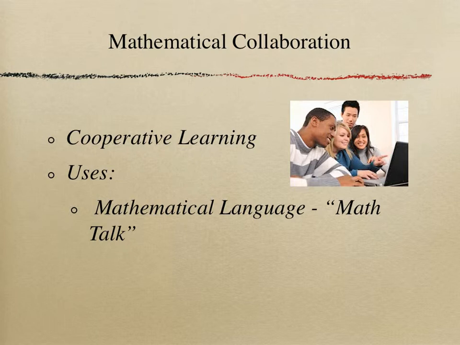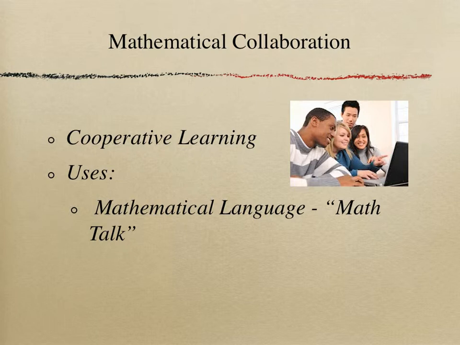In my classroom, we called it math talk, and I had a big chart paper on the board, and every time I heard a student using a math term, talking mathematically, I would write those words on the board so that the students can continuously use that, start practicing it, so that it would become automatic.